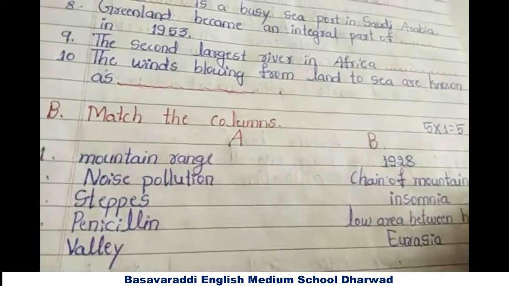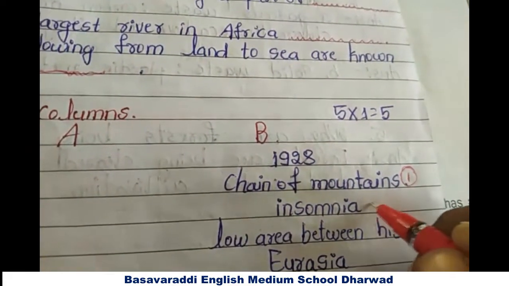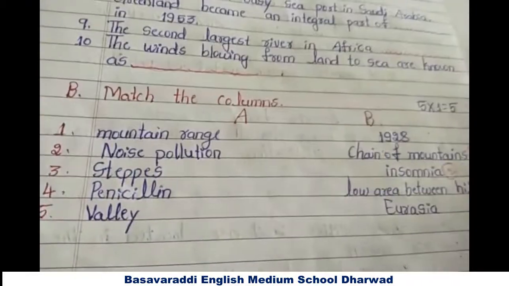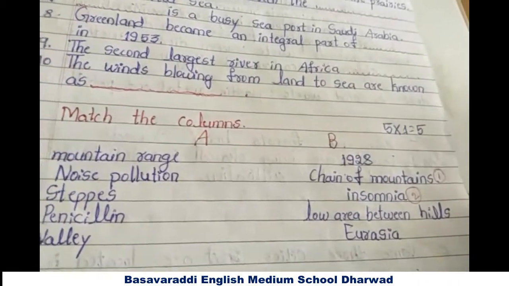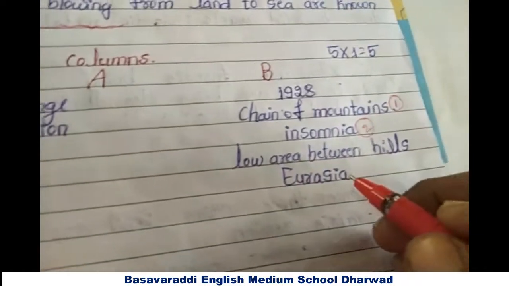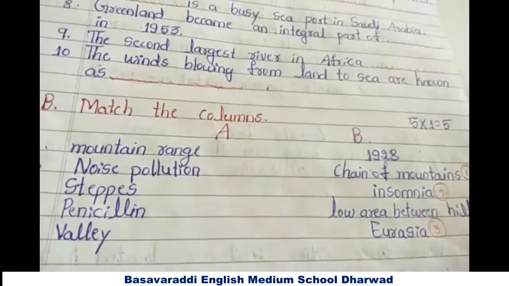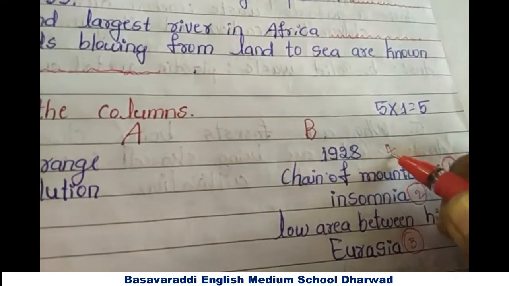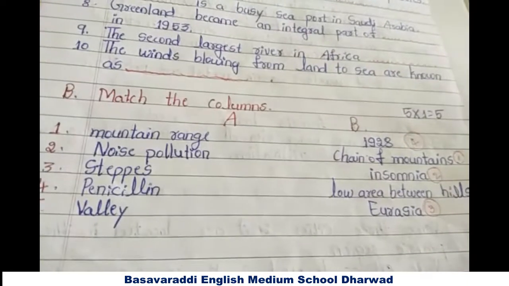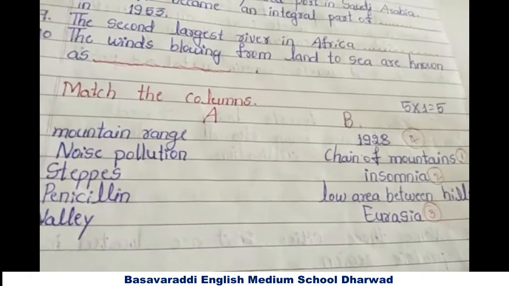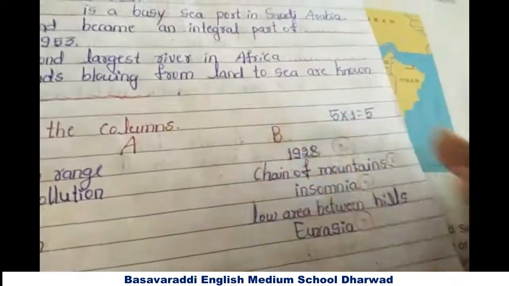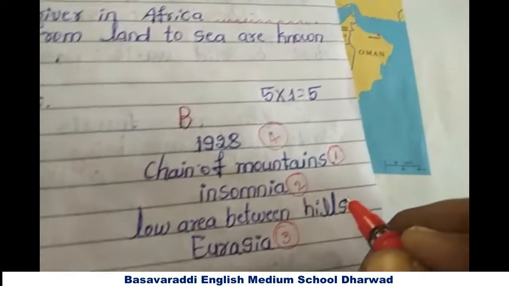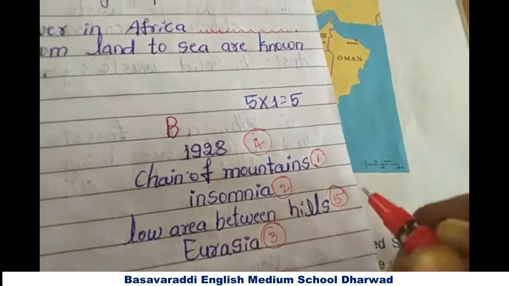Noise pollution causes insomnia. Steppes is a grassland of Eurasia. Penicillin invented 1928. Valley, low area between two hills. Okay.